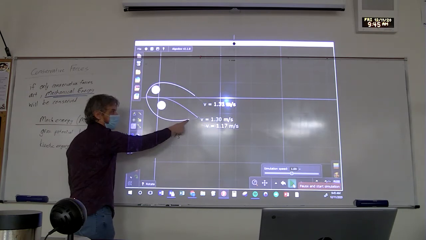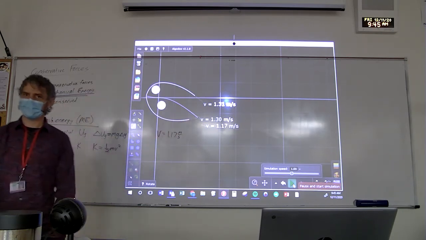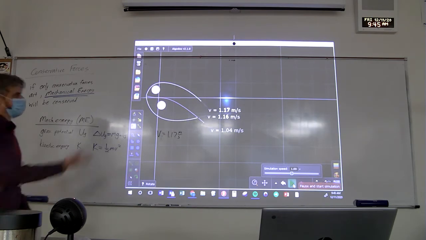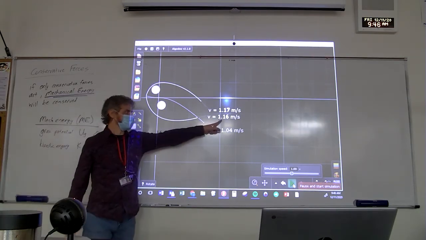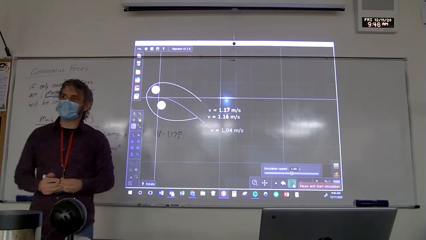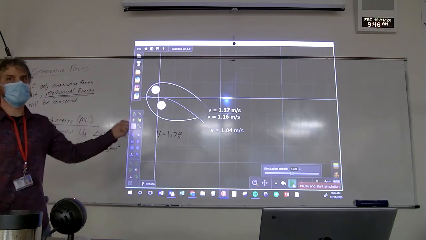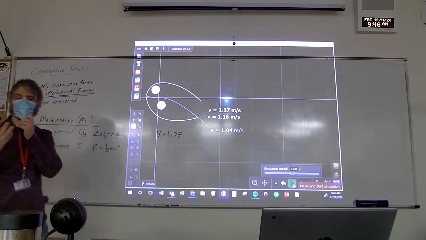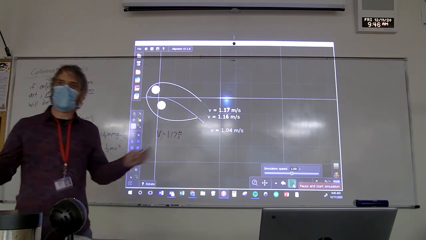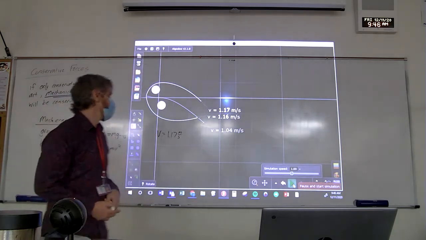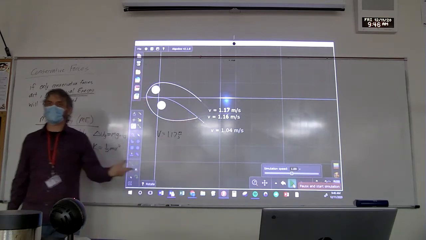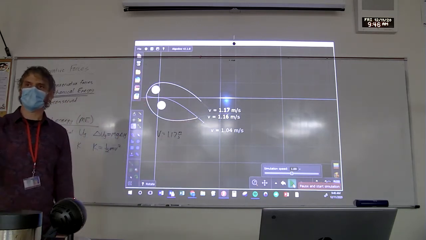So this guy should, if he gets to that point, have that same velocity. It's about the same, 1.16 meters per second. So they end up with the same kinetic energy. It's not the same as when they started with more kinetic energy, but then the gravitational force did work on them as they moved through the space. And since they started at the same position and ended at the same final position, the work done on both was the same.